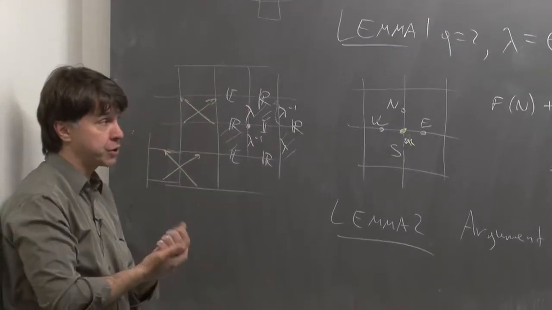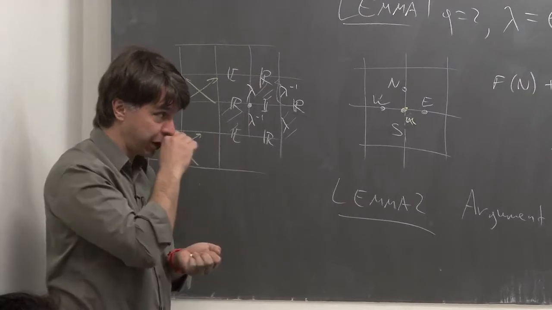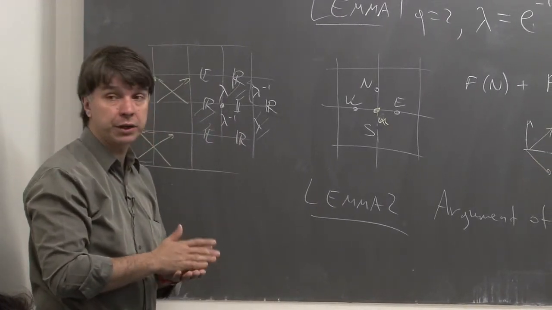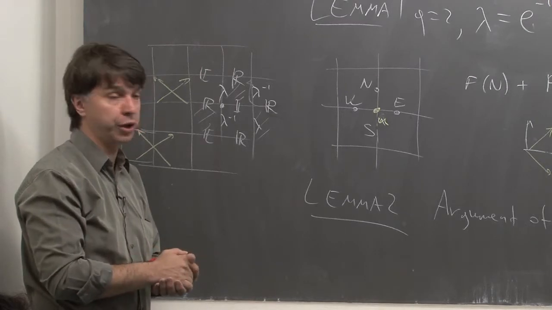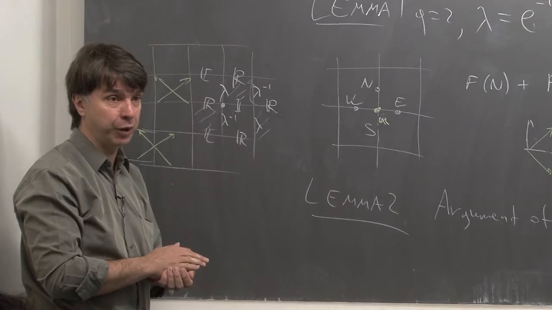So we know that the function is discrete analytic inside the domain, and to reconstruct it uniquely, we need to know the boundary values. So the question is, what can we say about the boundary values?